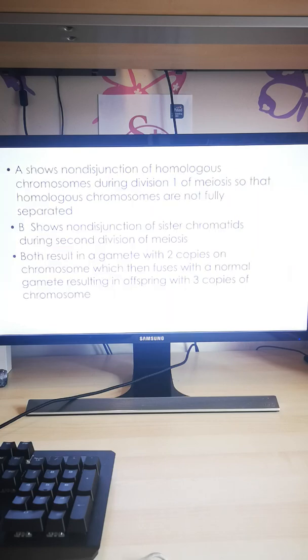So in both cases you've got 2 copies of a chromosome, which when it fuses with a normal gamete results in 3 copies.